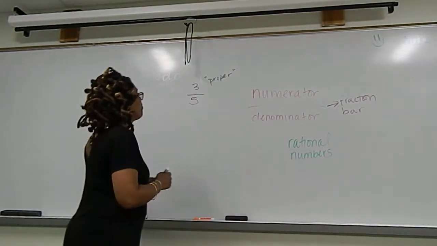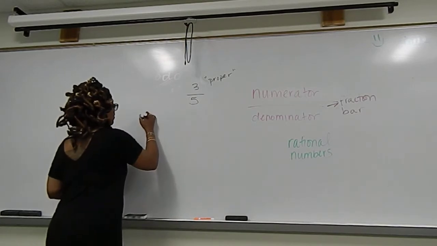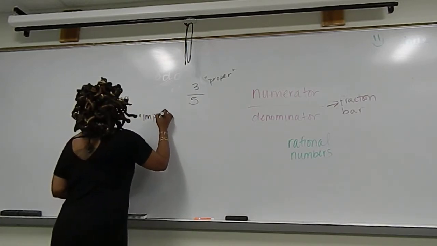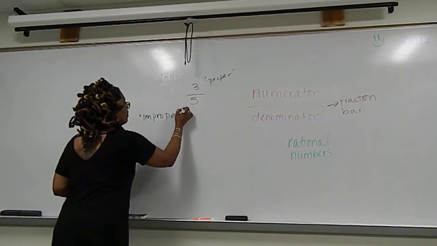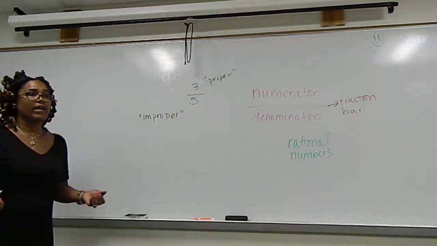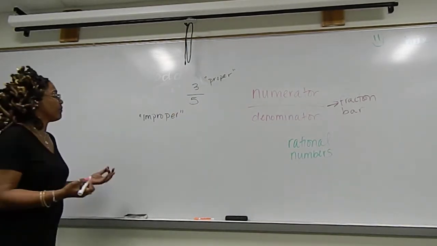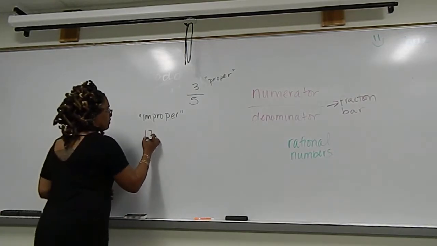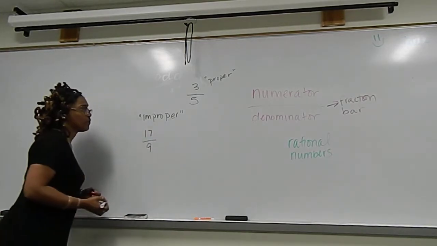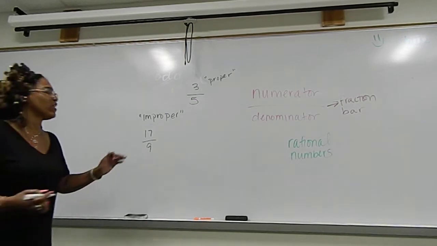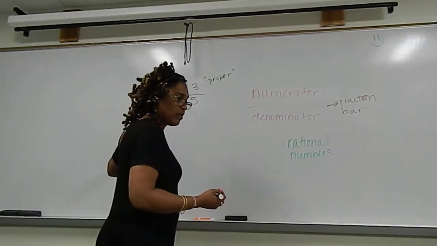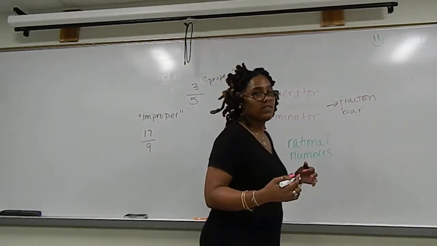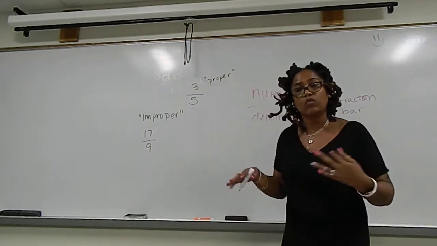When we say improper fraction, that means our numerator is larger than our denominator. We might have 17 over 9. That's an improper fraction. That means we have 17 pieces, but we only need 9 to make one full piece.